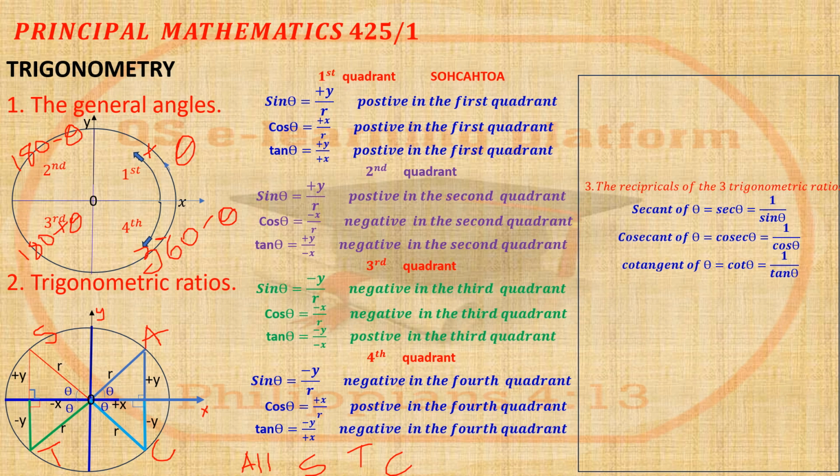I repeat, for the case of cot, it is negative in the second quadrant and also the fourth quadrant, because in those quadrants is where we find tan as negative. So they share the same signs.